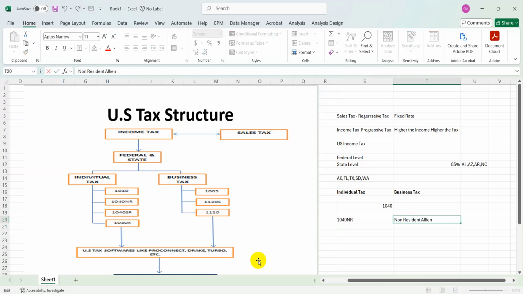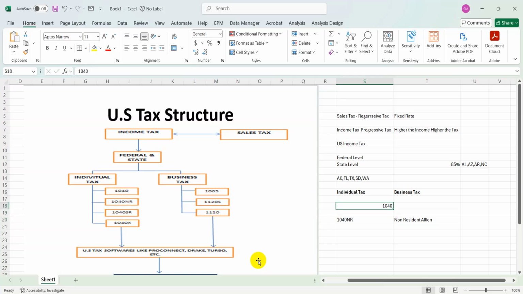For example, if you are an individual who is earning from US businesses, or providing services to US clients, but you are not a resident of the US, then you will file form 1040 NR. You are not going to fill the form 1040, but you will be filing 1040 NR.